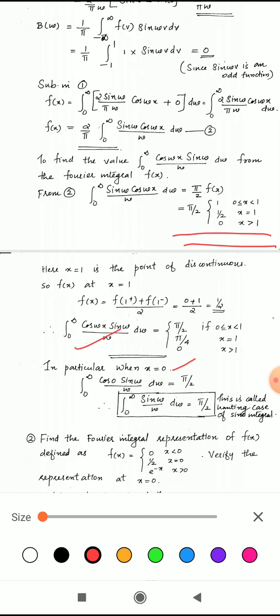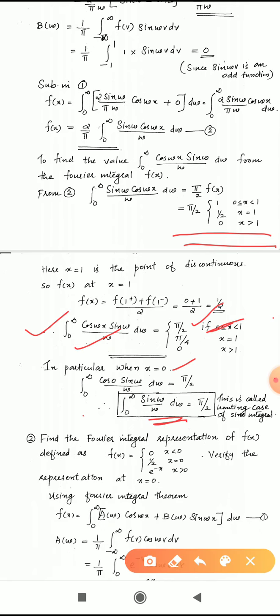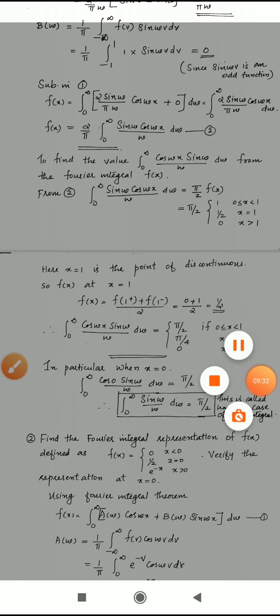Substituting x equal to 0 in this equation, we get integral 0 to infinity cos 0 sin omega by omega d omega equal to pi by 2, and this is called a limiting case of the sine integral. Okay, thank you.